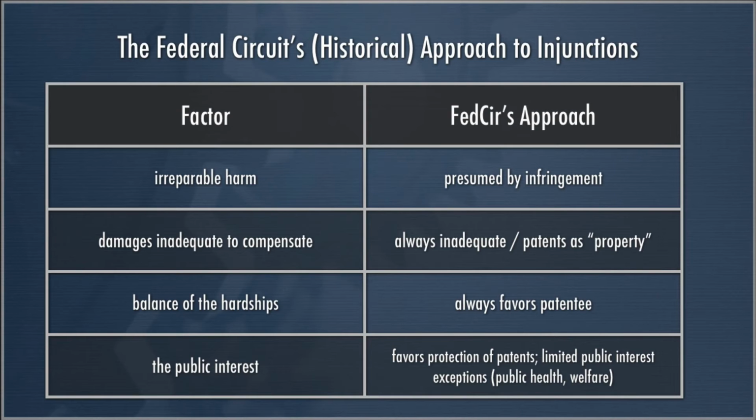And so in general, the Federal Circuit would just say if you infringed, there's irreparable harm, right? The idea is it's difficult to uninfringe a patent, right? It's irreparable. You can argue whether that's the correct understanding of what infringement is, but that's the way the Federal Circuit had developed its rules.